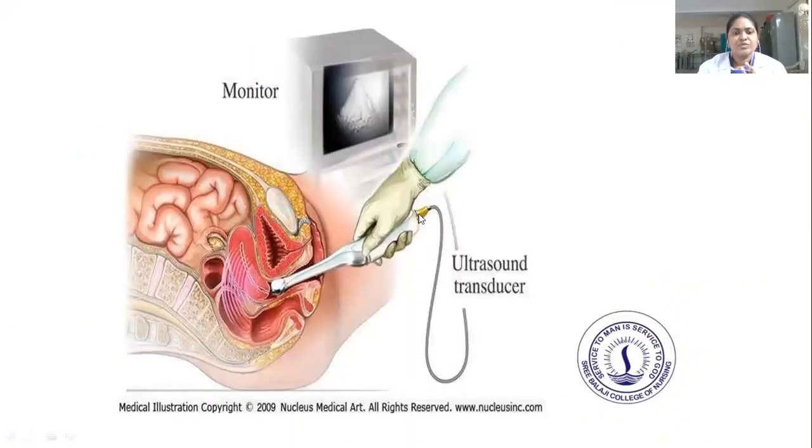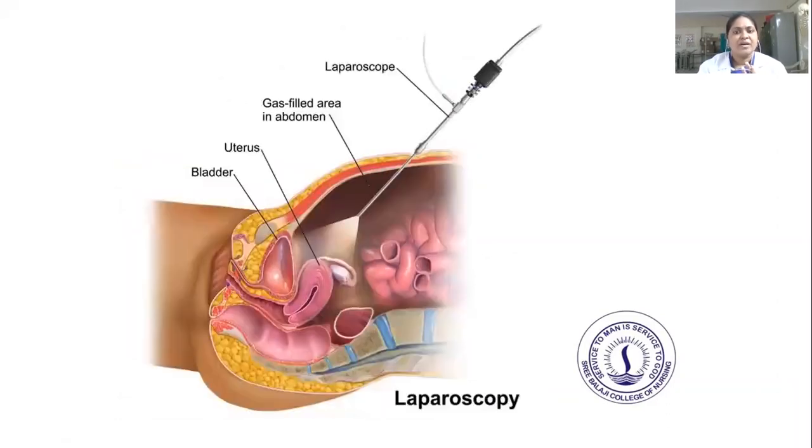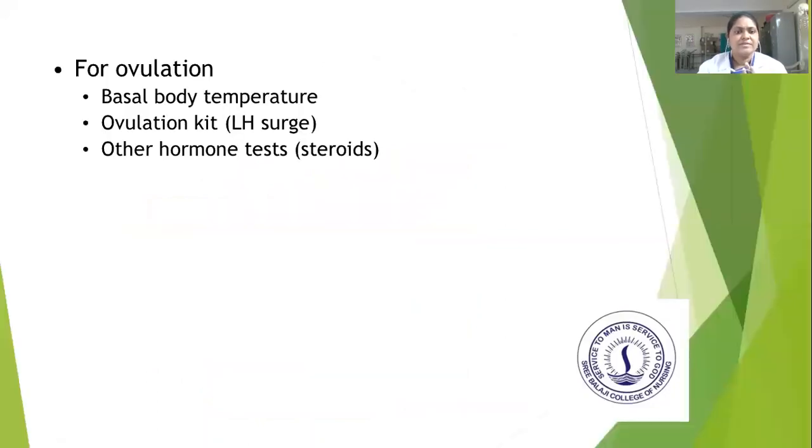So this is the procedure that we are going to do, the intravaginal scan, where the scan is done through the transducer, and through laparoscopy we are able to find abnormalities inside the uterus. Next, for ovulation, how can you find if there is any problem with ovulation?